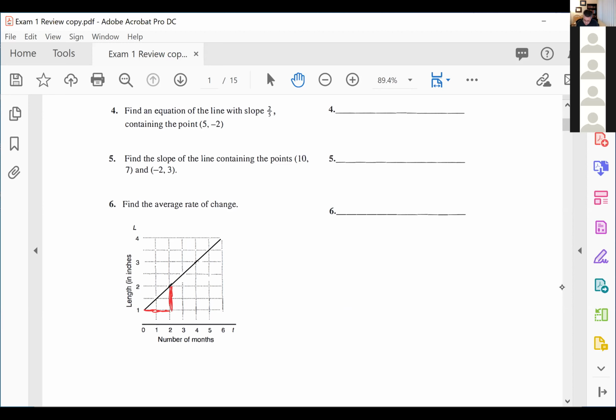But for every 2 items I go over, I go up 1 item. And so the rate of change is just the slope of this line, which is 1 over 2. Inches per month. So it's a little deceptive, because those blocks are really 1 by 0.5 blocks.